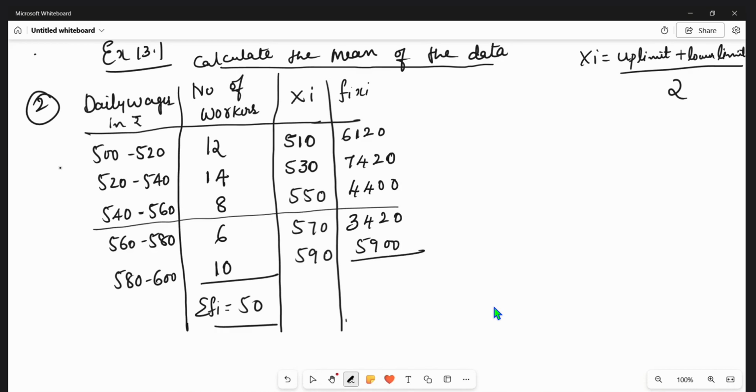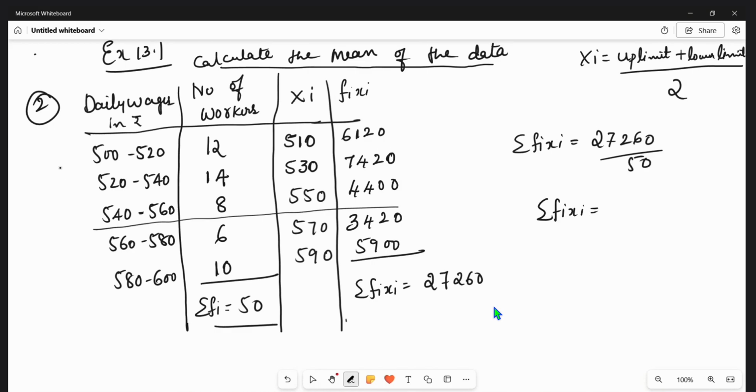So if you add everything, sigma fi into xi is 27260. So 27260 by 50, we are getting 545.2.